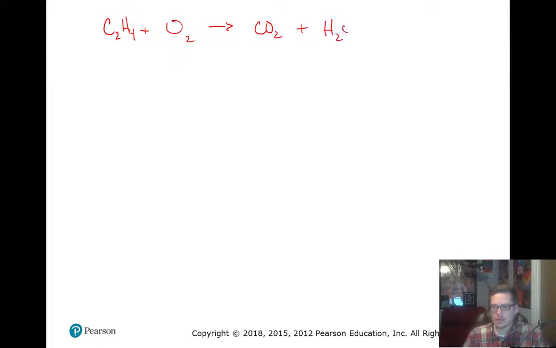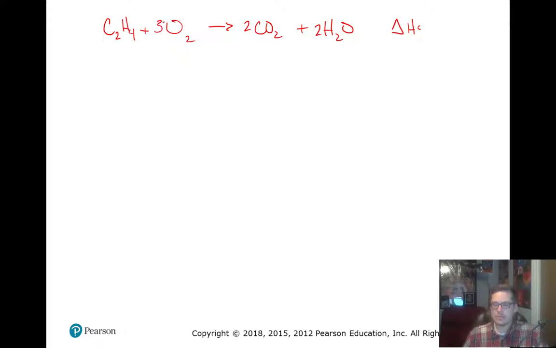We want to find our enthalpy, so that's our delta H value. What is this enthalpy in kilojoules per mole? Let's balance this real quick. We got a 2 here. Hydrogen's 2, so we need a 2 right there. So 4, 6, so we need 3 oxygens.